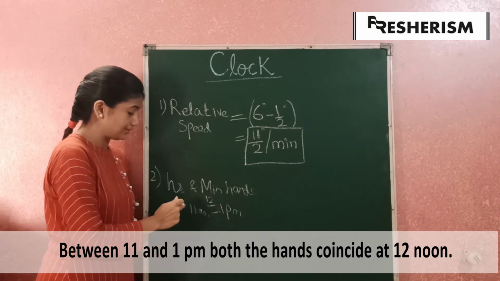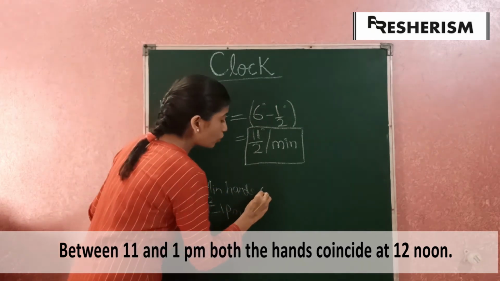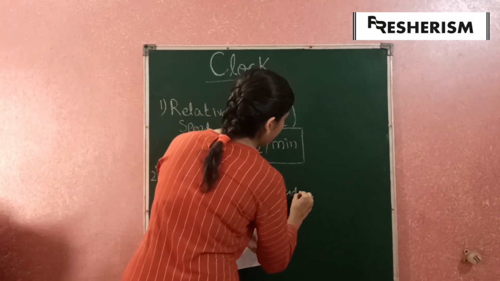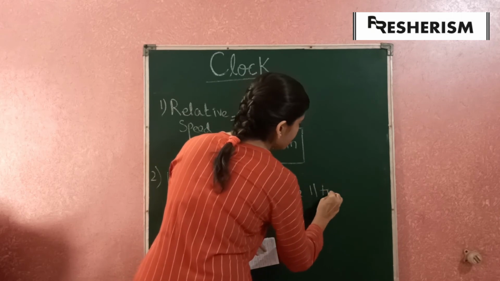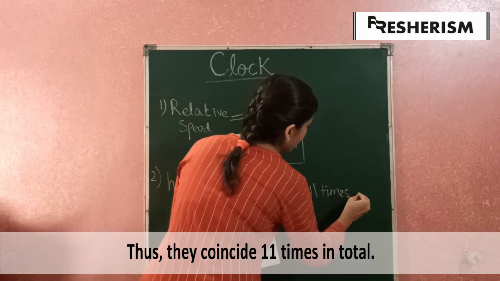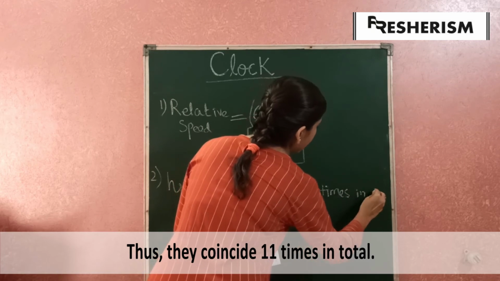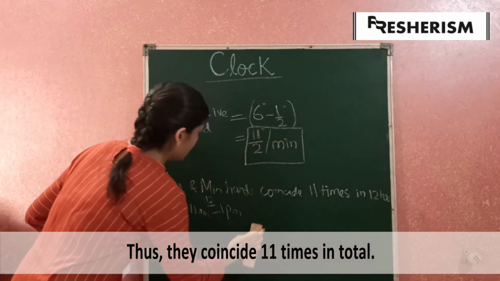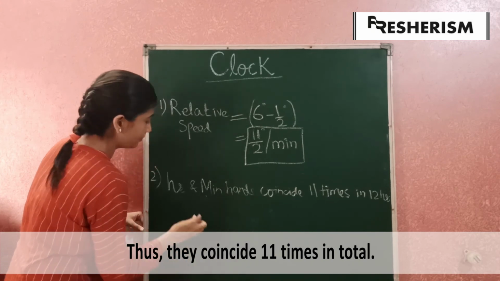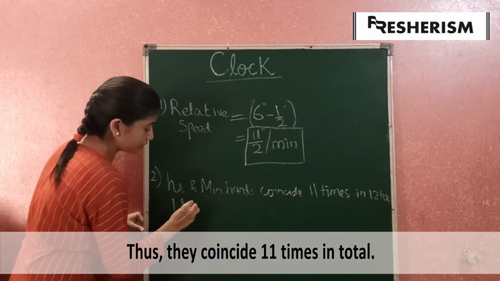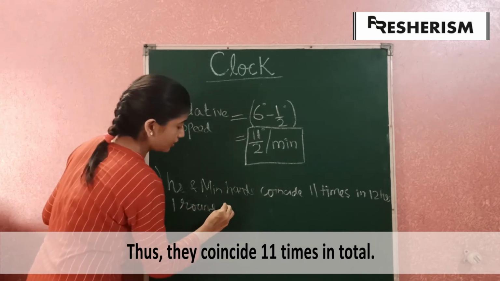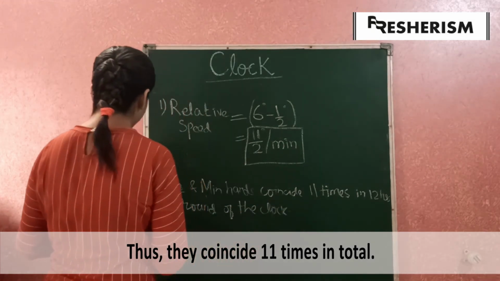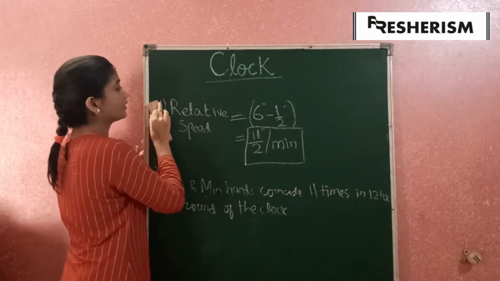Because of this reason, the hands coincide only 11 times in 12 hours, or while completing one round of the clock.